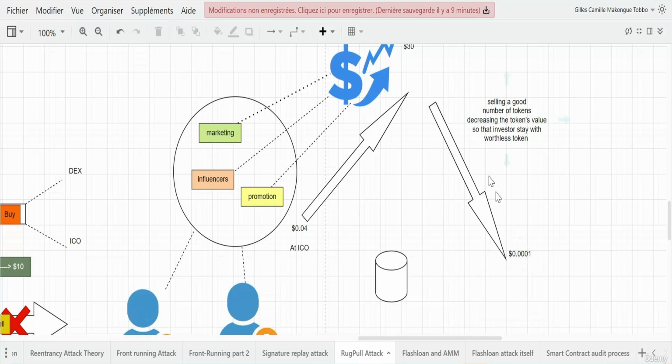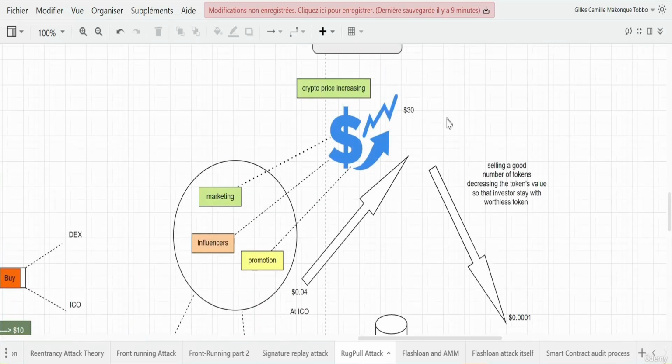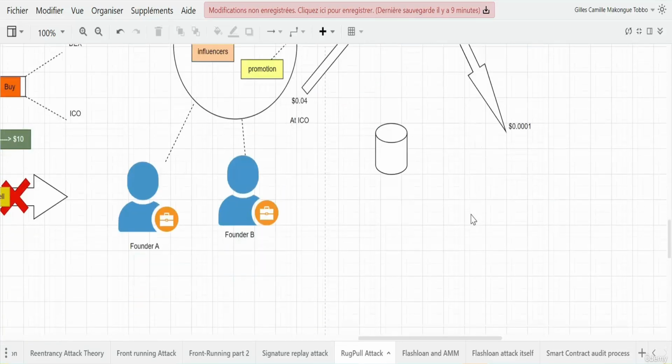Those investors who bought that crypto will still have it, but the price will not be the same.